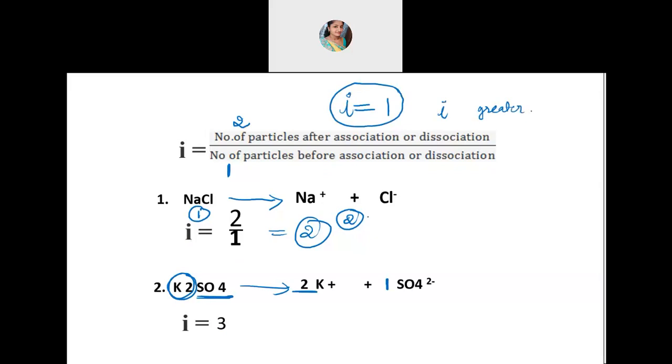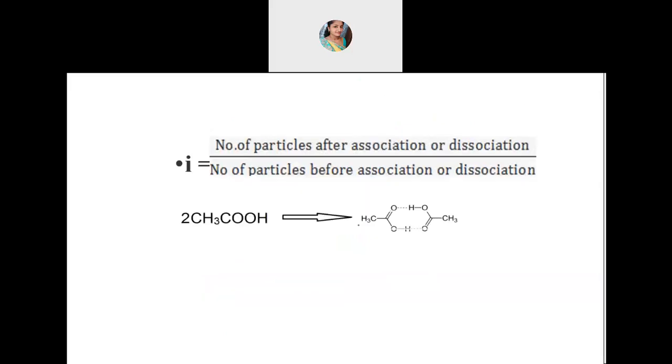Okay, now we'll see in case of association what will happen. Like in this case, two acetic acid molecules combine to give you one acetic acid dimer. So in that case, 2 is combining to give you 1. So if you use the formula and calculate, what will happen? i is equal to the number of particles after association, 1, no?